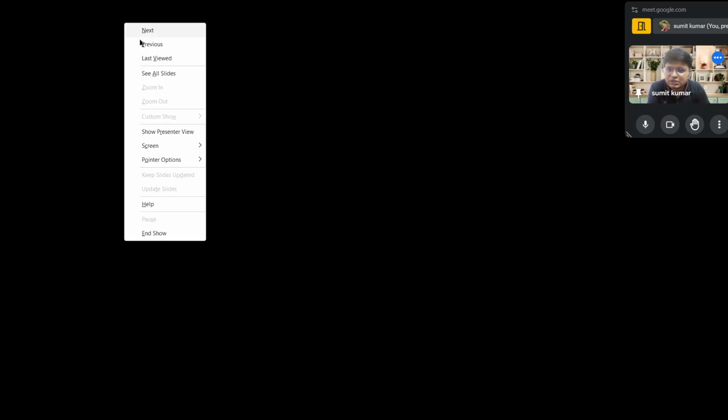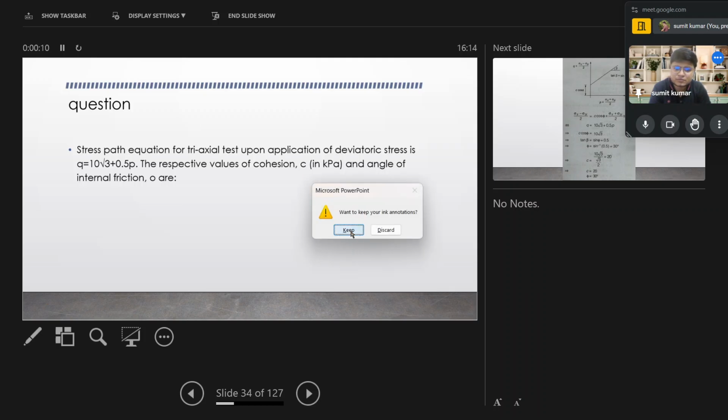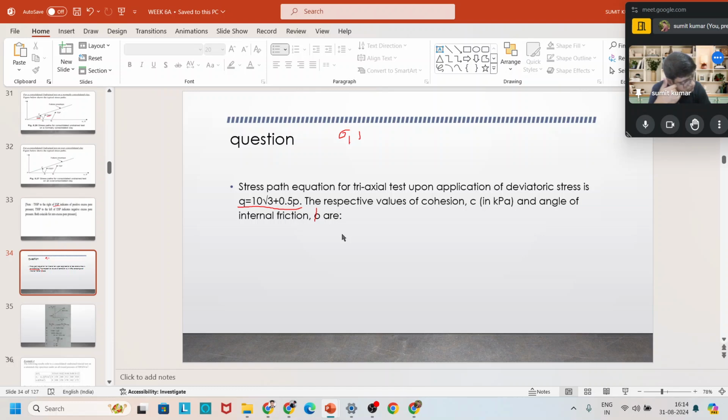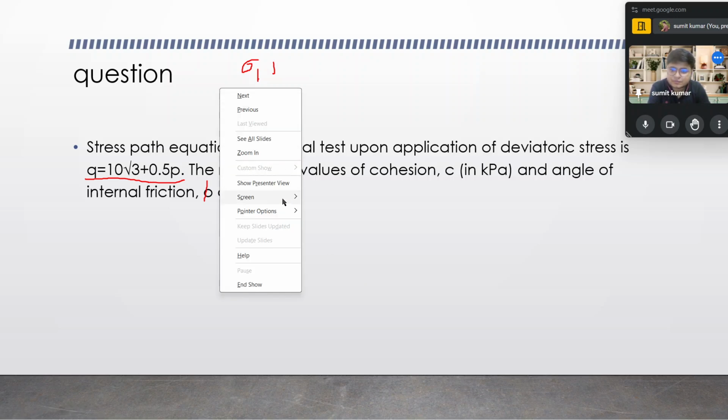Okay, see over here. We have Q equal to 10 root 3 plus 0.5 P, right?